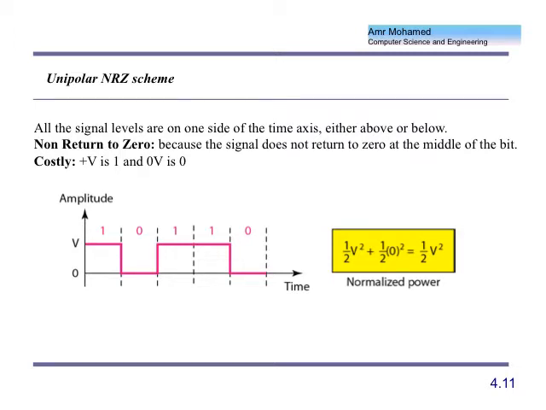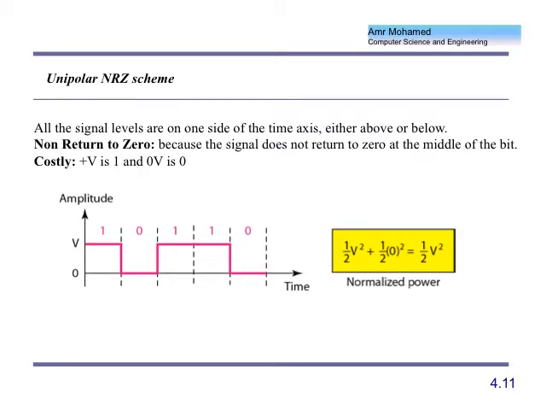We have talked about examples like wireless, any channels that are very inefficient for transmitting the low frequency components of the signal. Okay, and also the self-synchronization.